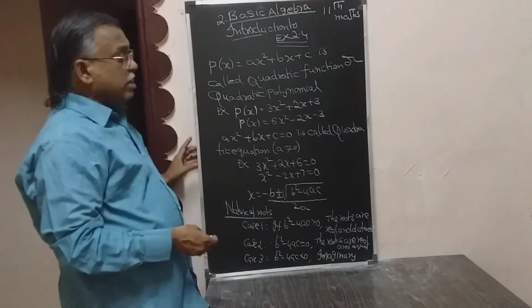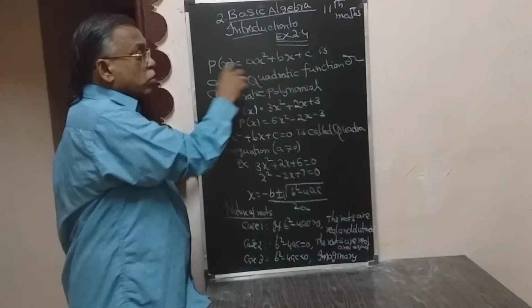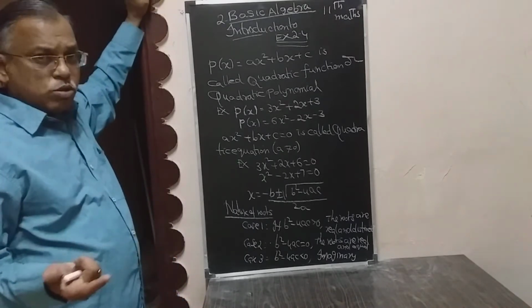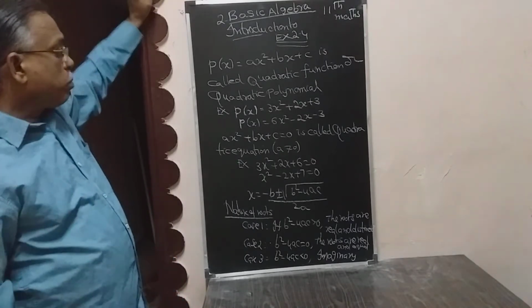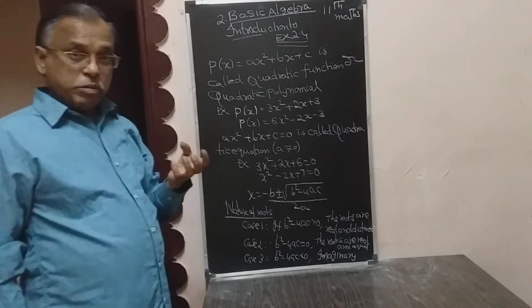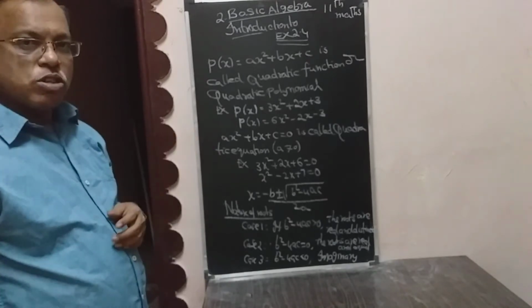So in a quadratic equation in general, a is not equal to 0. Even for a quadratic function, the same condition. So b might be equal to 0, but a should not be equal to 0, because quadratic means the degree is 2. That's why it should not be equal to 0.